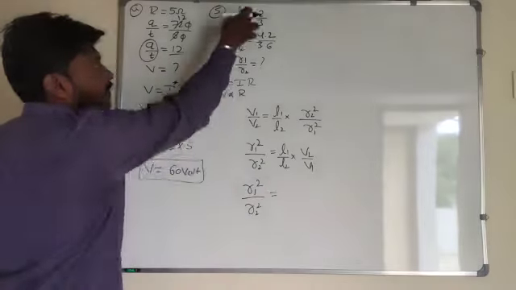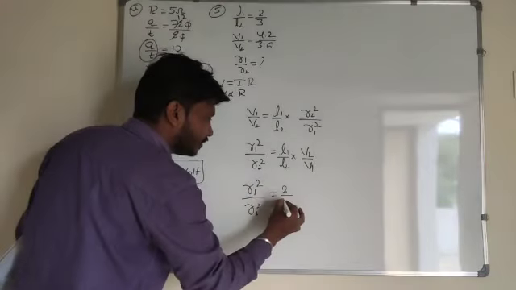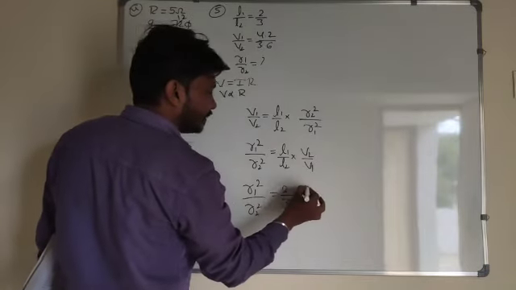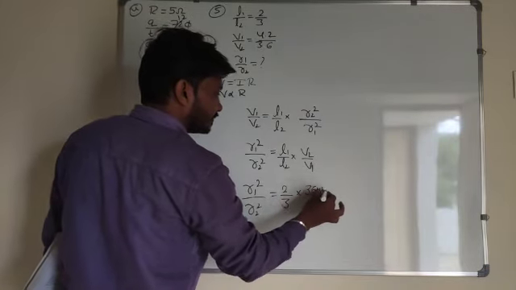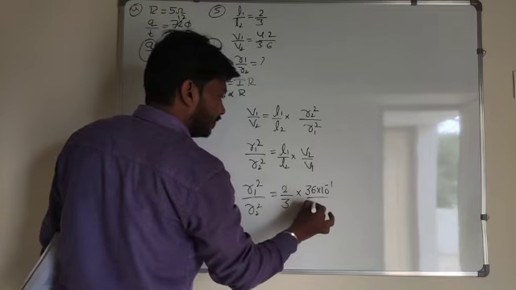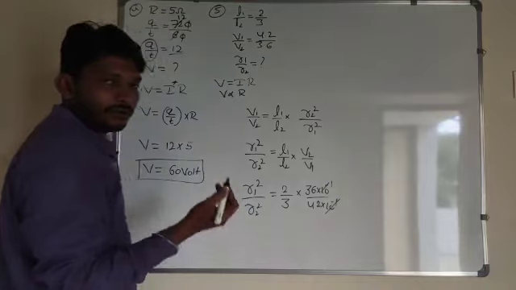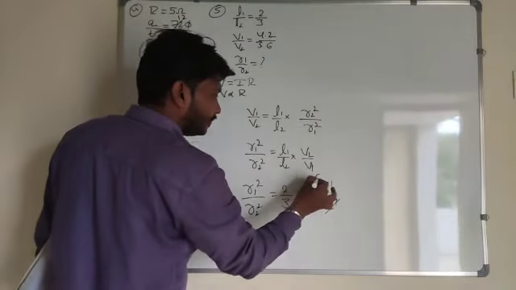So that is equal to L1 by L2, which means 2:3, into V2 by V1. V2 value is 3.6 or 36 into 10 to the power of minus 1. V1 is 42 into 10 to the power of minus 1. The 10 to the power of minus 1 term will get cancelled out.